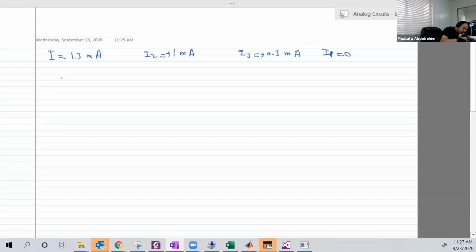You know that VD1 is equal to VA minus VO. You know that I1, which is 0, is equal to (VA minus 5) over 1 kilo ohm. So just multiply by 1 kilo ohm, the zero will be 0. So VA is equal to 5 volts.